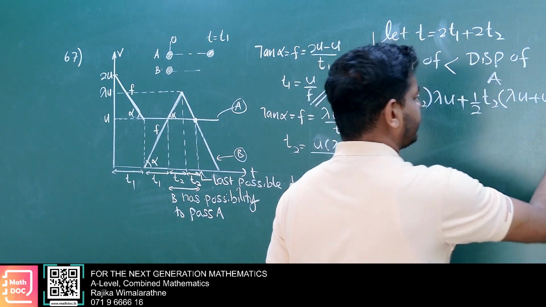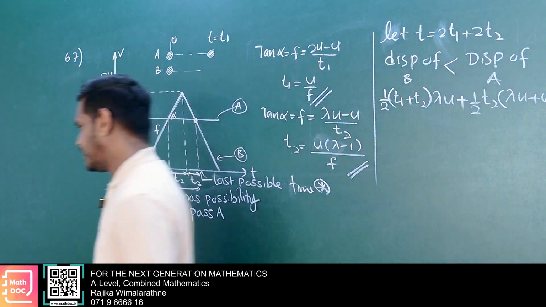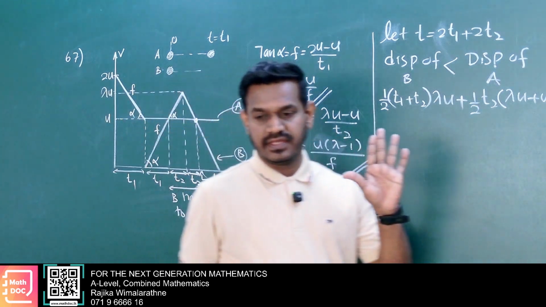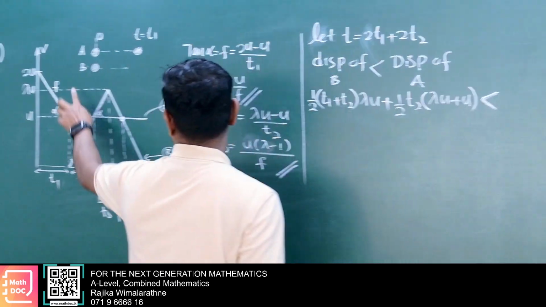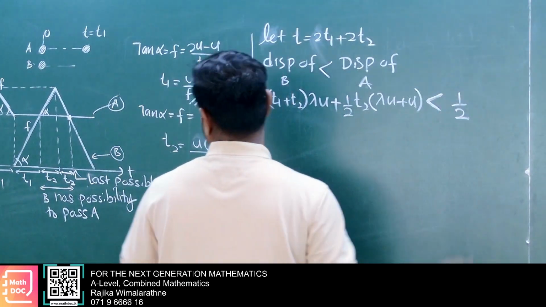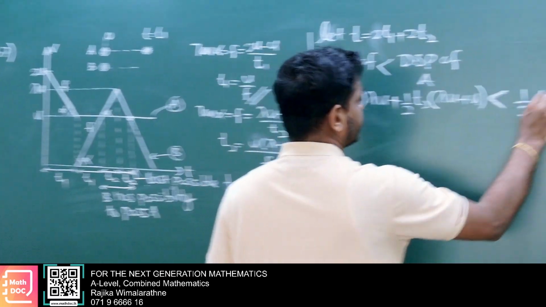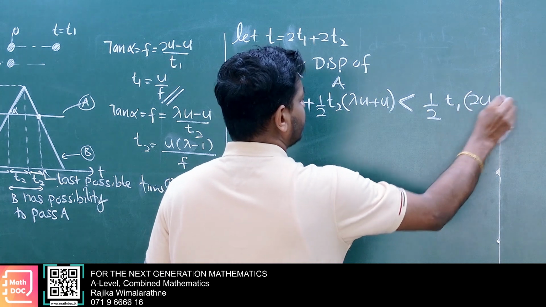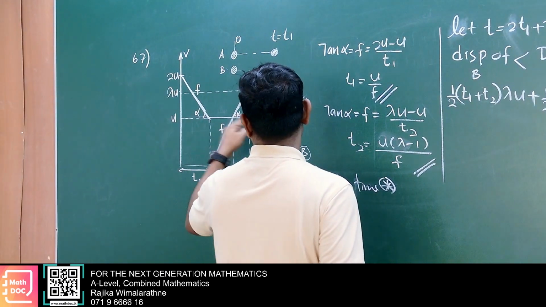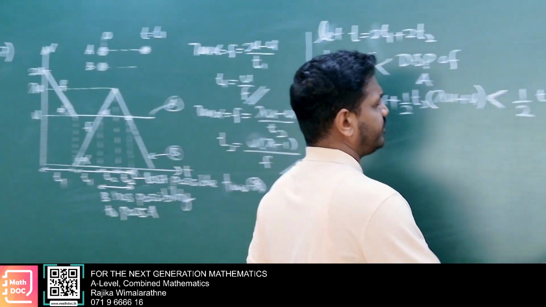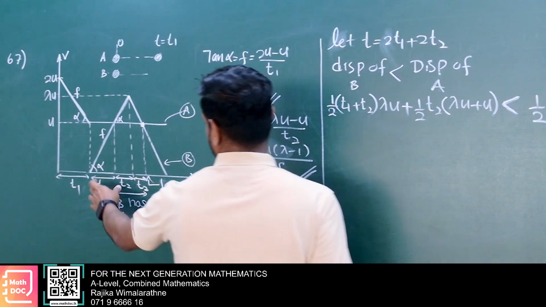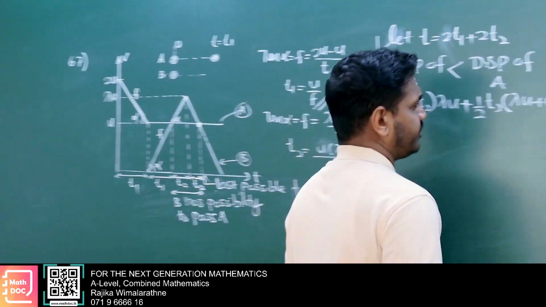Displacement of A: write this area. First trapezium half into T1 into 2u plus u, and this rectangle u into T1 plus 2T2.